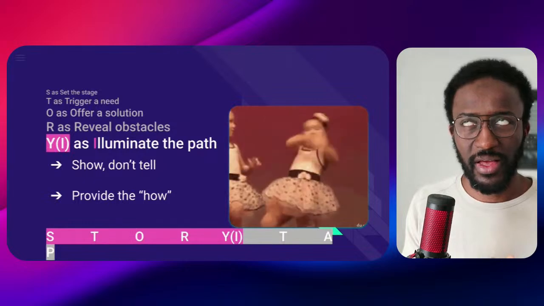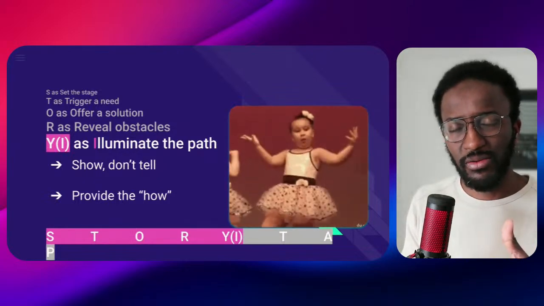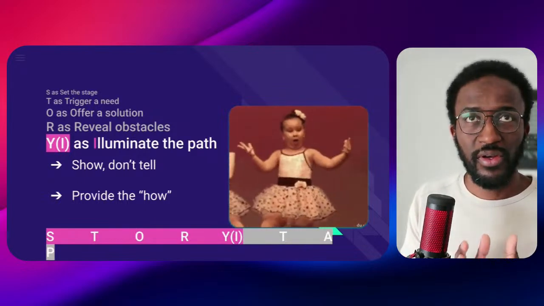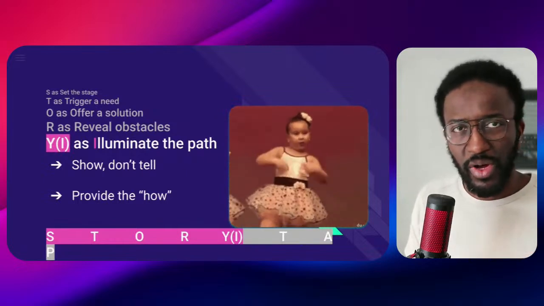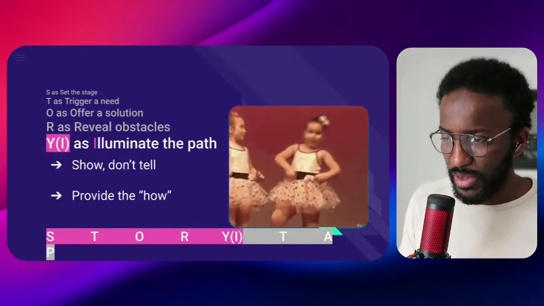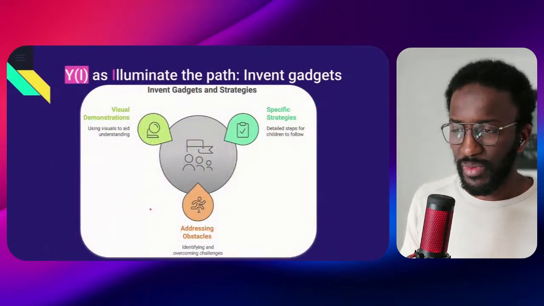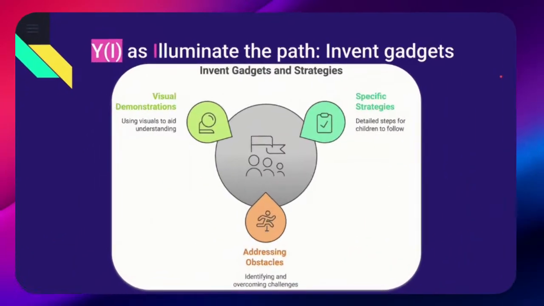And it means, for instance, you have the obstacles, and this is where, really, in your story, you will share the what and the how. It's more like you show, don't tell, as you can see here, and this is where you provide the how. Okay, so how does it look in stories for kids?